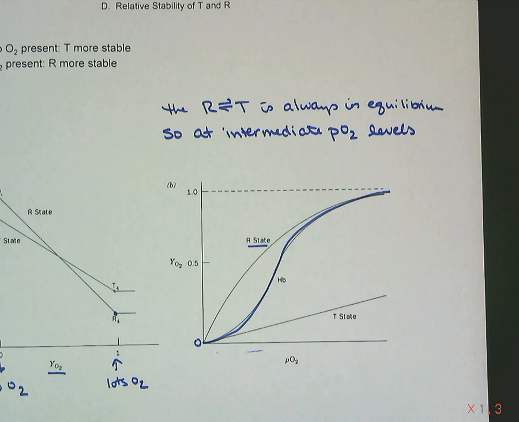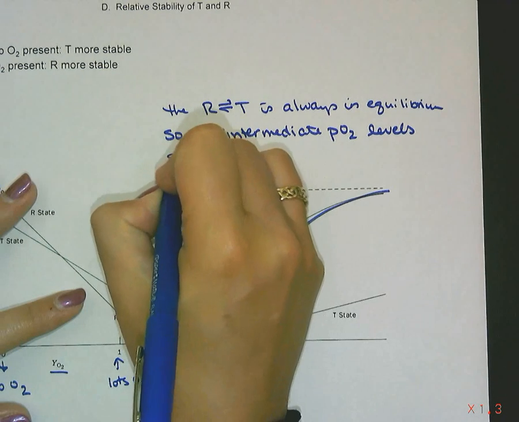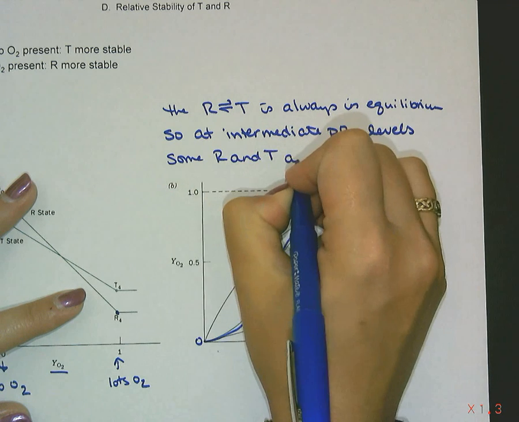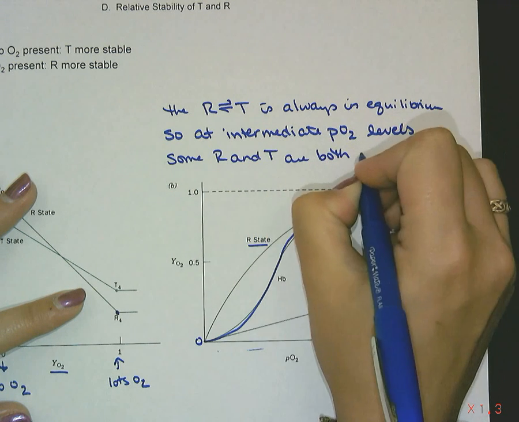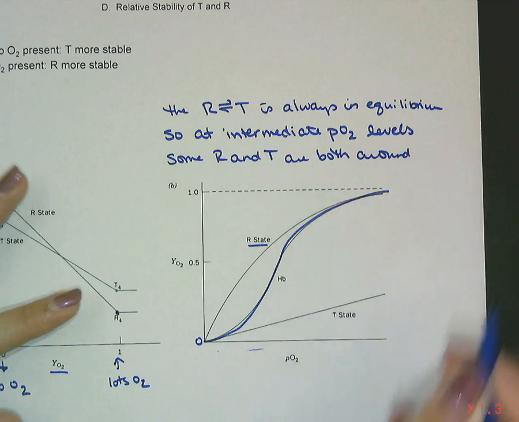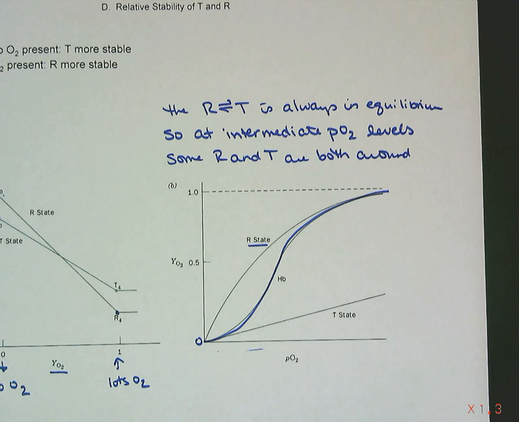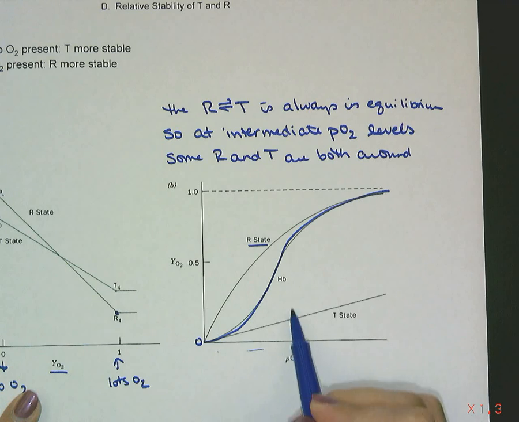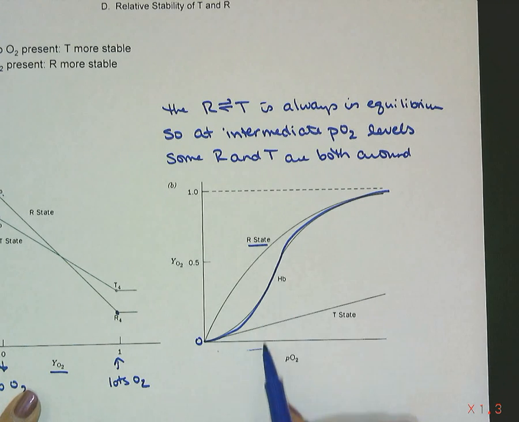There'll be some R hemoglobin, some T hemoglobin. They're both around because you're in equilibrium going back and forth. And if I'm at one of these intermediate PO2 levels, I expect to be somewhere in between the two of them.